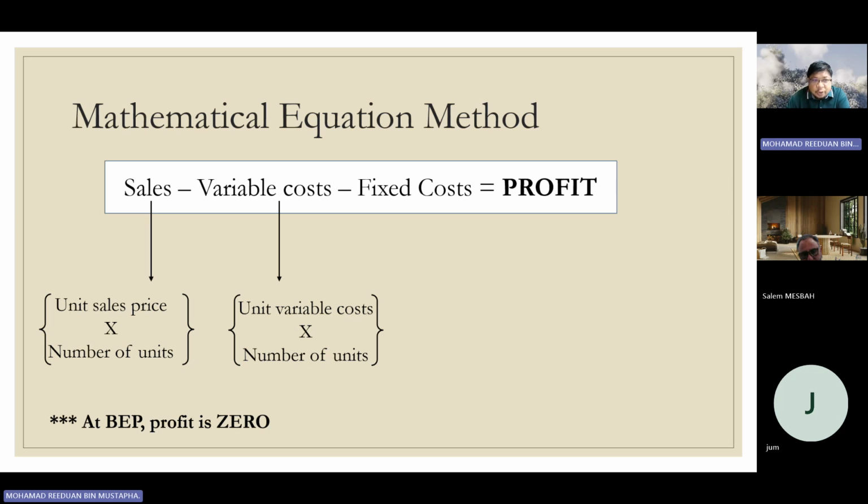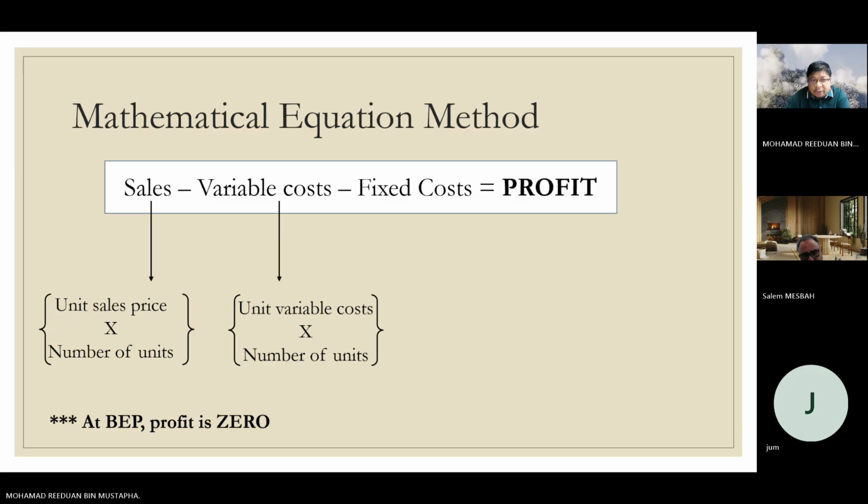Sales is the sales price per unit times the number of units, and variable cost is the variable cost per unit times the number of units. But the remark here is the assumption of the break-even point, whereby profit is zero. So when profit is zero, sales minus variable cost minus fixed cost equals zero. It's like algebra, so you only get the numbers. Now the question asks what the break-even point is.